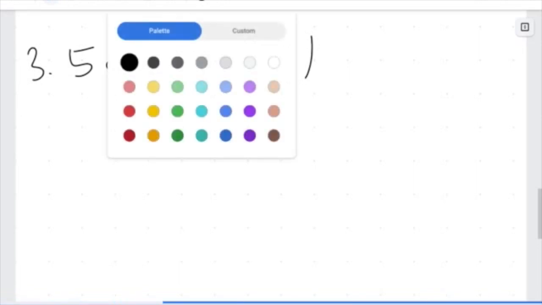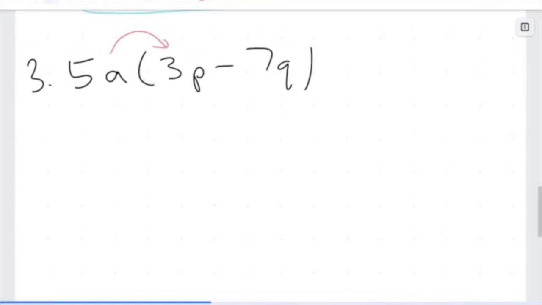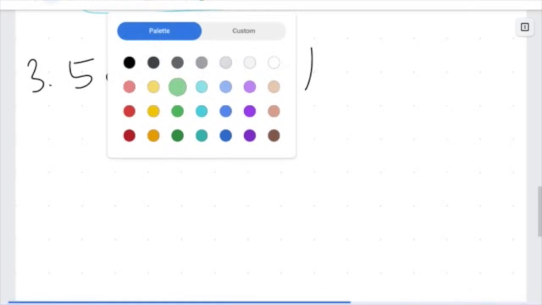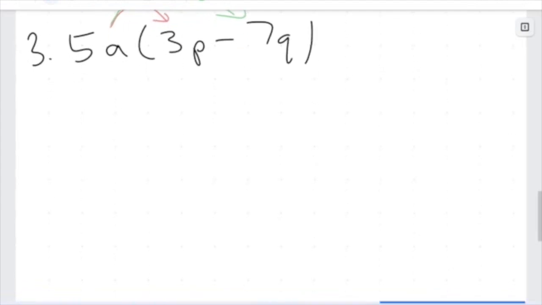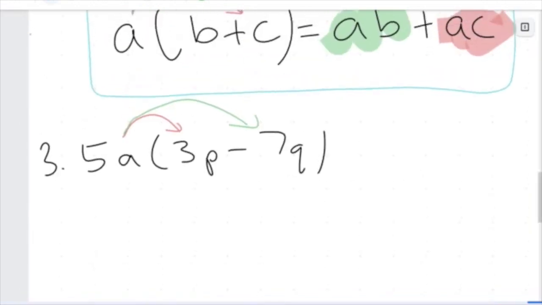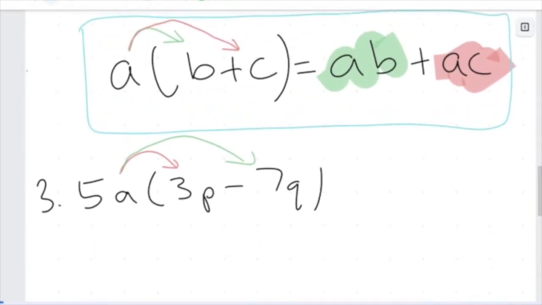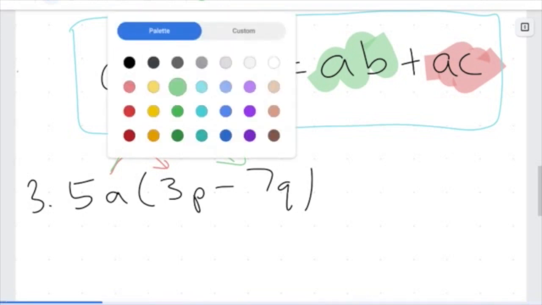Our distributive law tells us that we're going to expand our brackets by first multiplying 5a by my first term in the brackets, and then multiplying it by the second term within our brackets. Let me leave the distributive law up here so you can refer to it as we go.